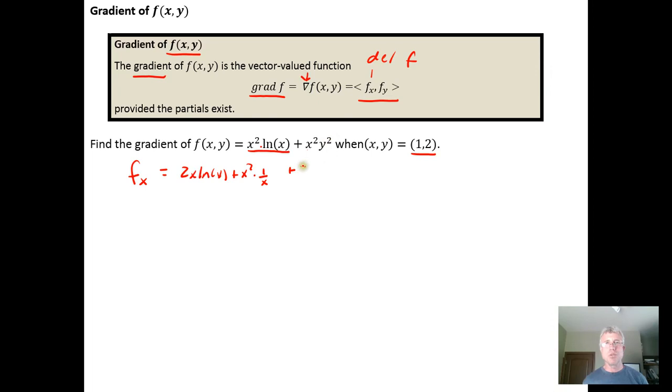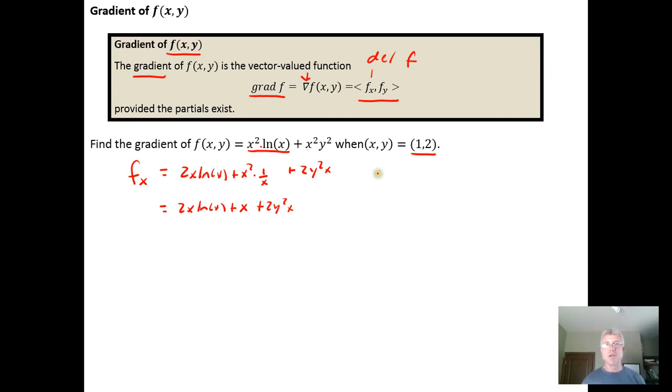So we get 2 from the exponent coming down, 2 times y squared times x, and we can simplify this just a hair. It's 2x ln x plus x squared over x, which is equal to x as long as x isn't equal to 0, and we get plus 2y squared x.